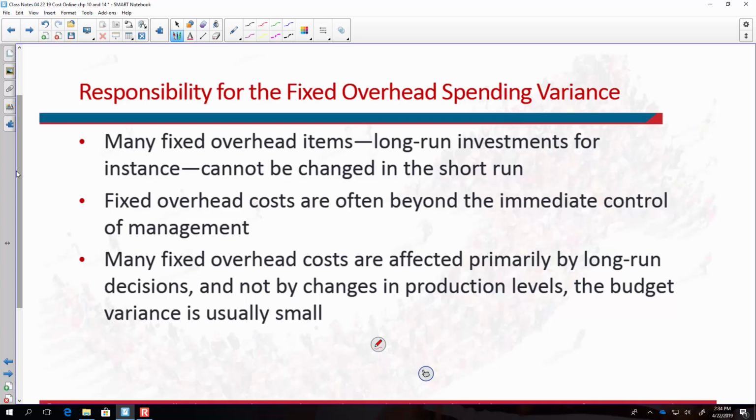There are the leases, the rents, the depreciation. Obviously, that would not be a factor with spending. Supervisor salaries, anything with a salary associated with our production process. Those are all fixed costs. So we're going to compare those actual prices we paid those individuals or for those things compared to what we plan to spend. And that's the goal here with standard costing.